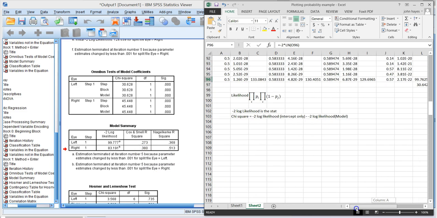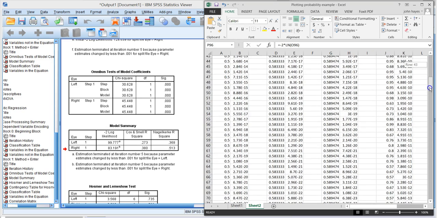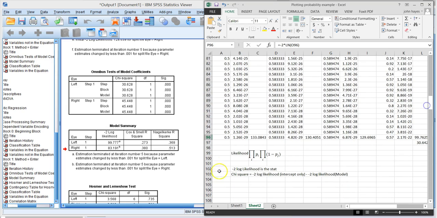Now, when we first start, how does the model fit by itself? Well, let's say the probability was a coin flip, and each time it was 0.5. You had a 0.5 probability of being in either case. So that would be 0.5 times 0.5 times 0.5 and so forth, all the way down to this really little number. The minus 2 log likelihood of that is 133.